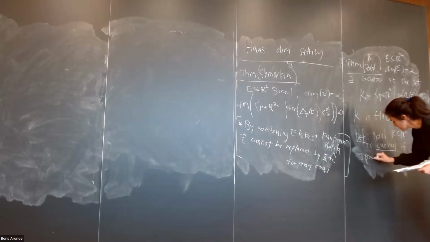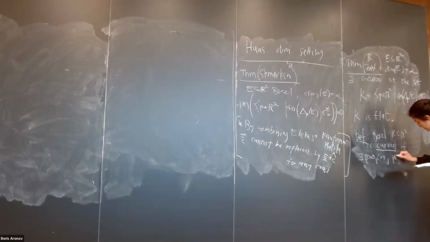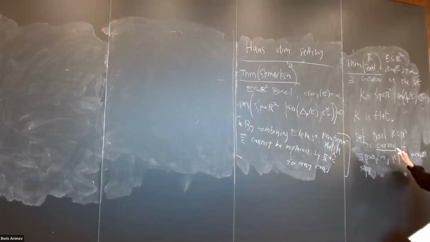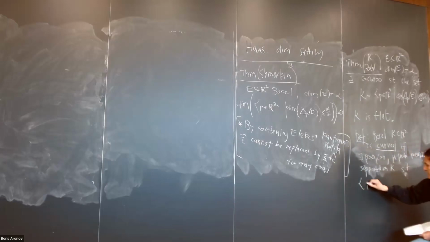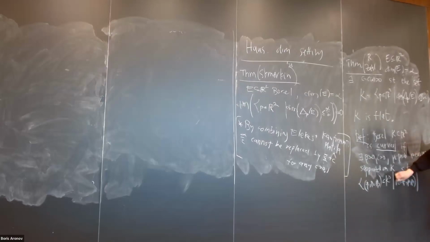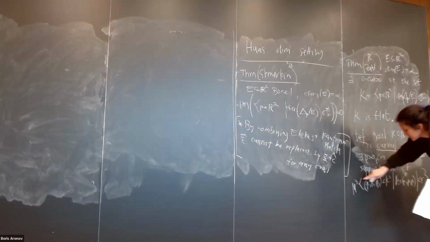There are some constants beta and C, and a probability measure, the support of this measure will be contained in K, supported on K. If we look at all the triples of points in K such that the area of the triangle that they span, the volume in R2, is less than R, then this is mu cubed.